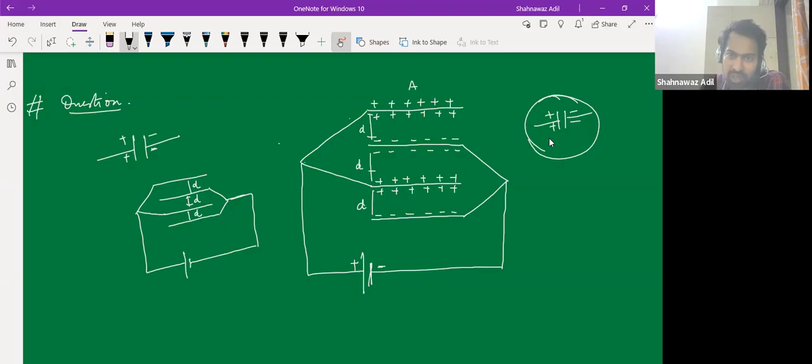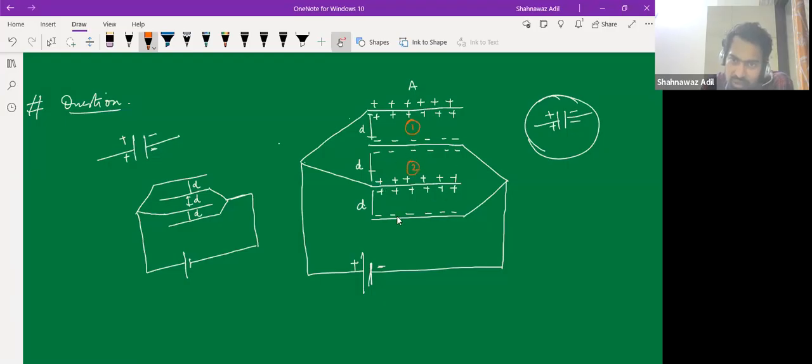But first, you tell me how many capacitors we have in this figure. Three, right? We have this first combination, which is positive and negative, so this is one. Then we have this negative and positive, so two.